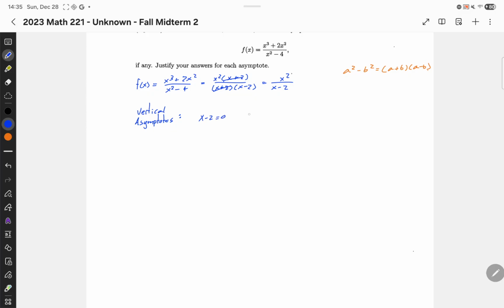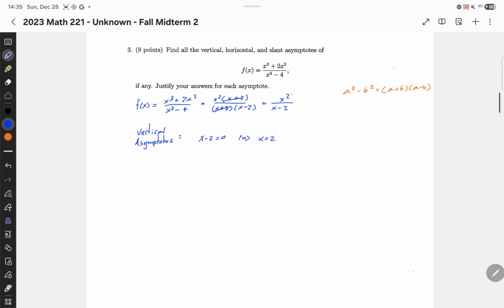Just move the 2 to the other side, this is the same as x is equal to 2. So for this problem, it's going to be pretty easy. The denominator is equal to 0 at x is equal to 2. So there's a vertical asymptote at x equals 2.